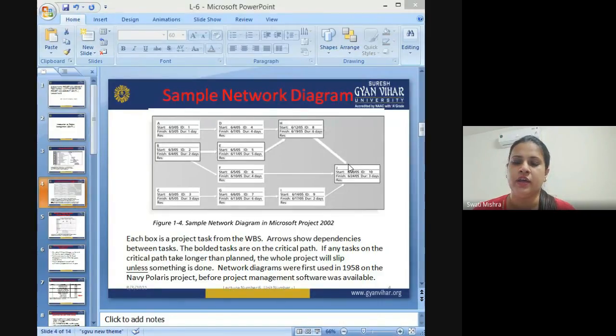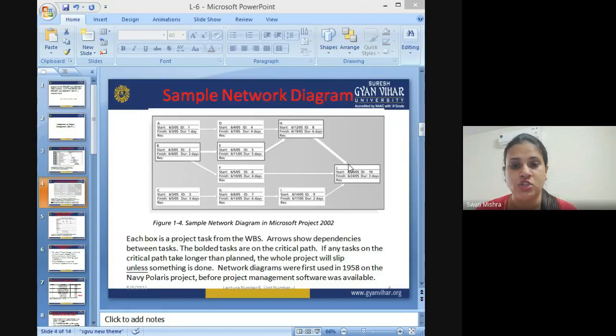Critical path is the shortest path through which a particular activity can be completed. So, if any tasks on the critical path take longer than planned, the whole project will slip unless something is done. So, network diagrams, they have a long history.